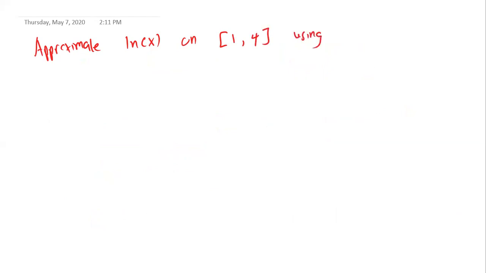So again, they're going to give you something like this, the function you want to approximate. So approximate the area bounded by ln of x, let me just write it above, and the x-axis, meaning that we could have rectangles that go under the x-axis.